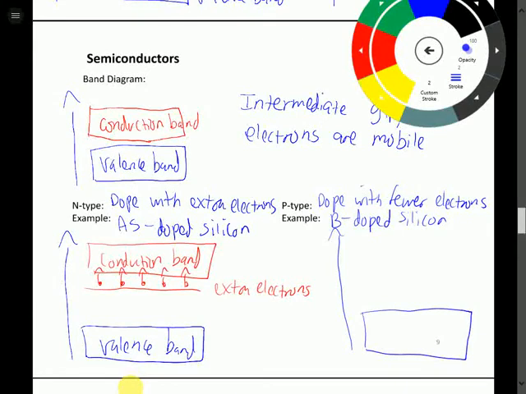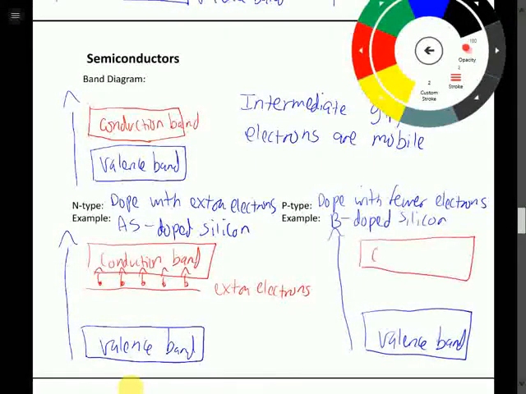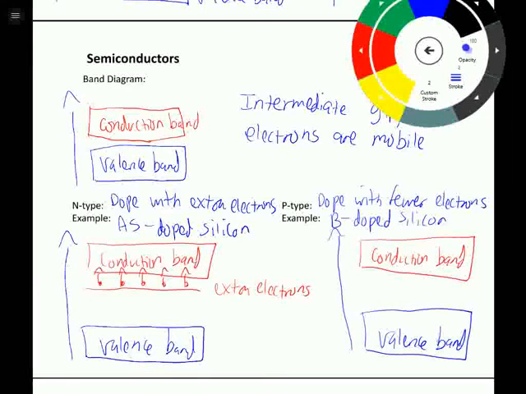we have our valence band and our conduction band, just like we did before. But because our boron has fewer electrons, we're not going to be able to completely fill the valence band anymore. So the valence band is completely filled in silicon, but now we have electron deficiencies, so there's going to be what are called holes in the valence band.